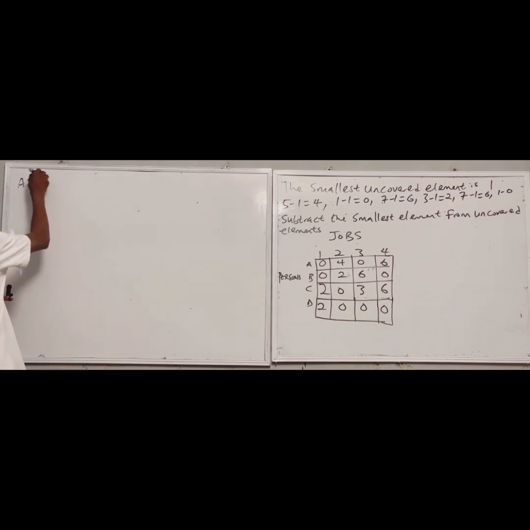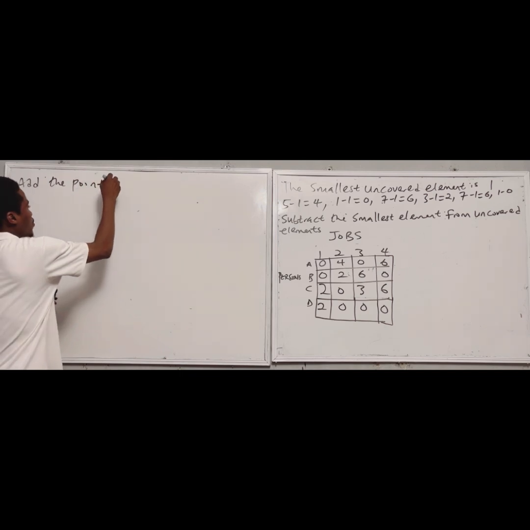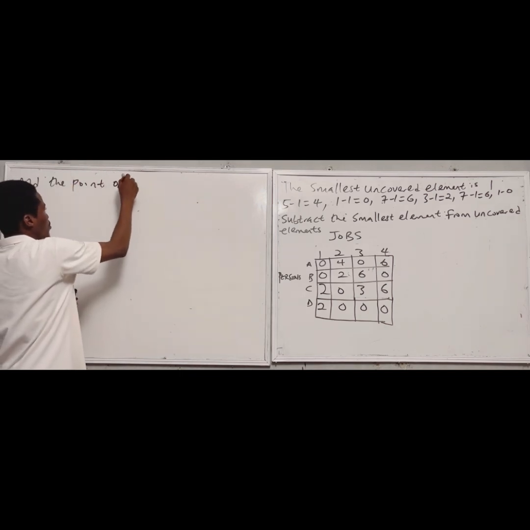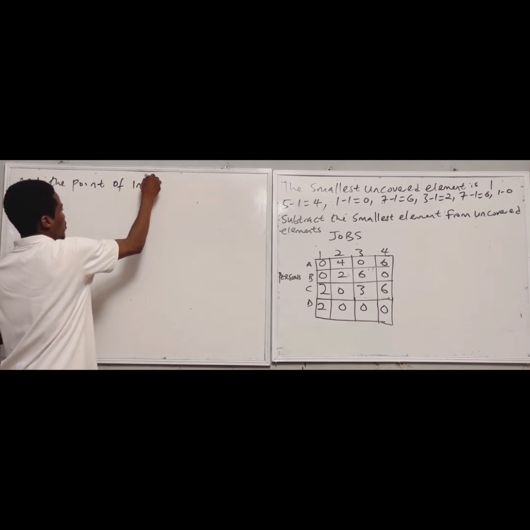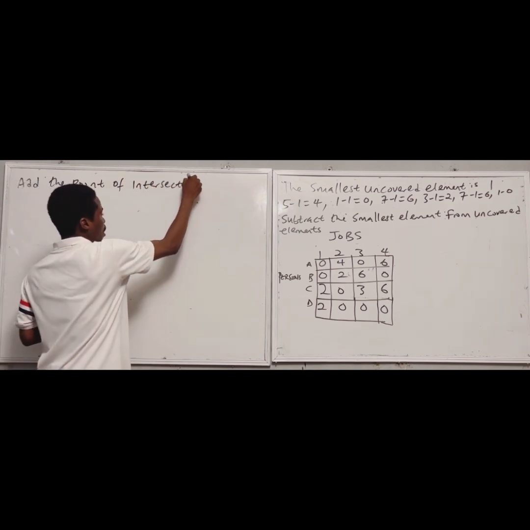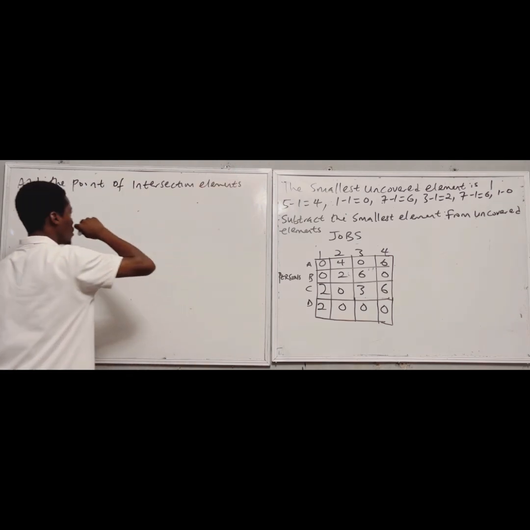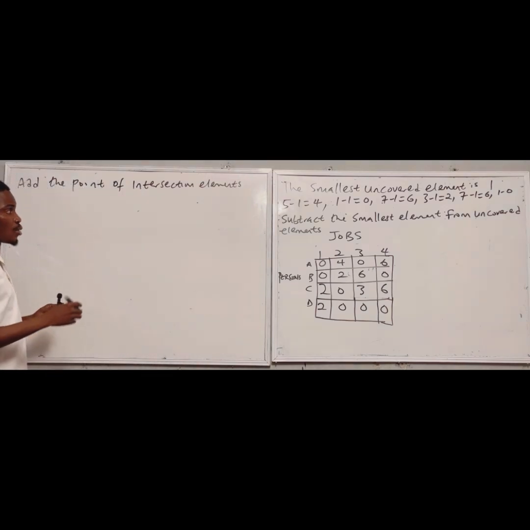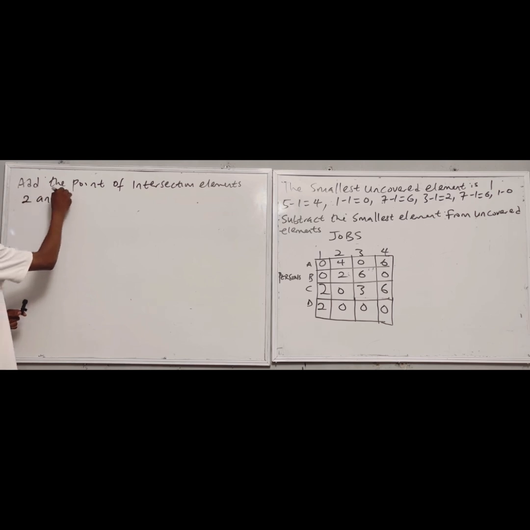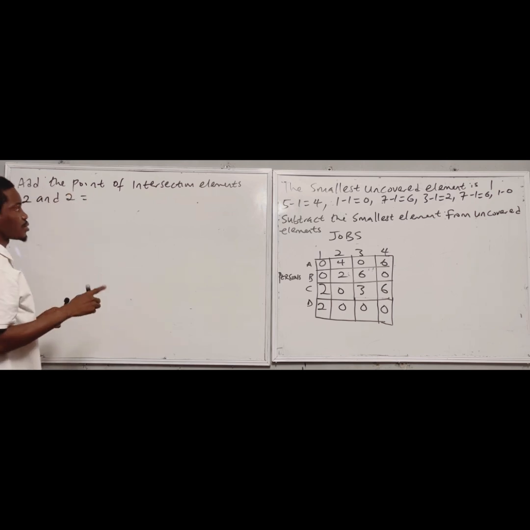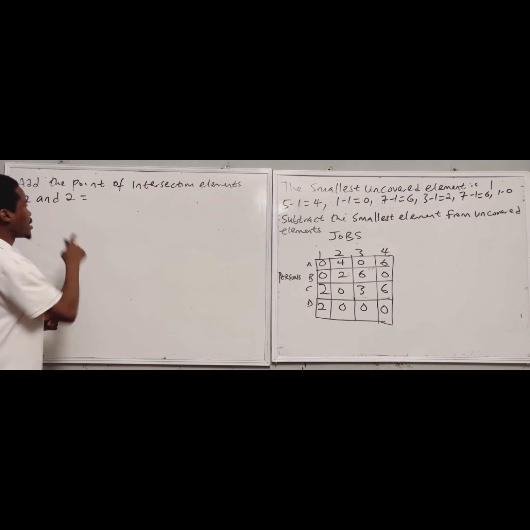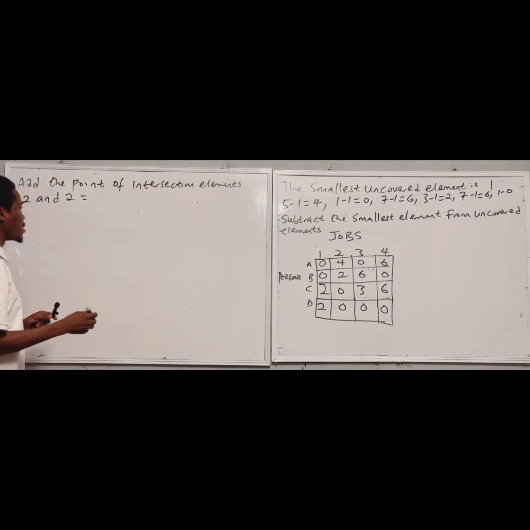So add the point of intersection element. The point of intersection elements are 2 and 2. So I add the smallest uncovered element to the point of intersection elements.